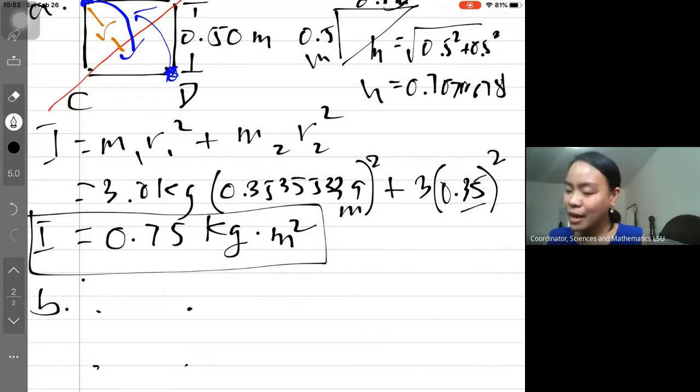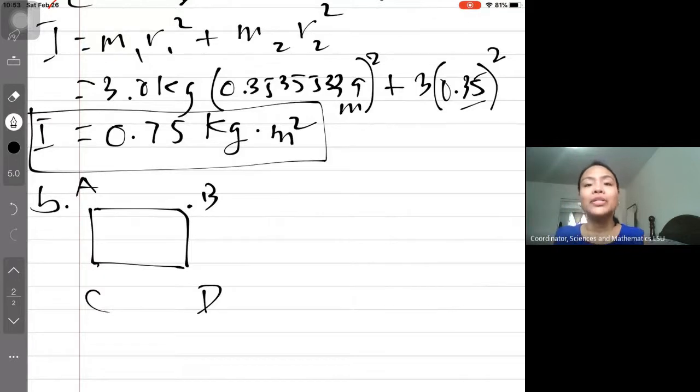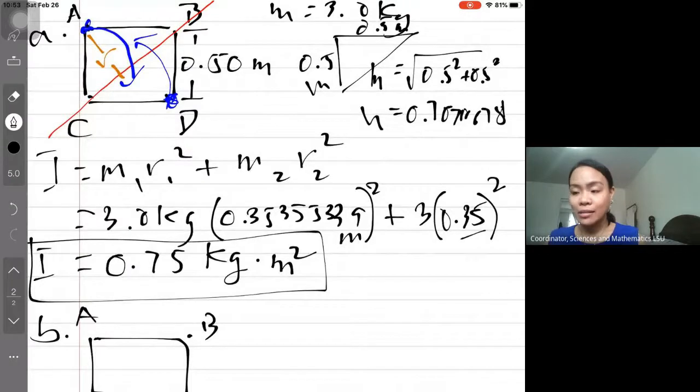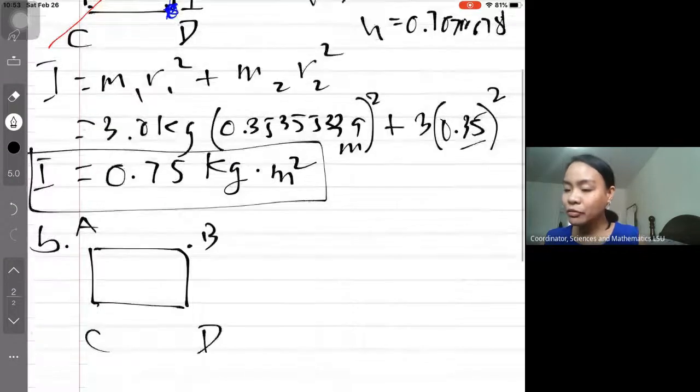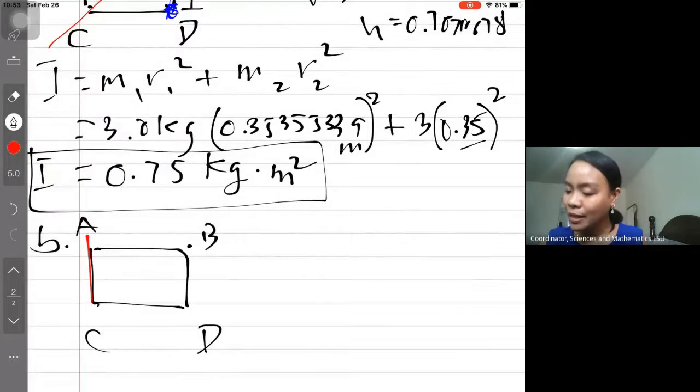This is A, B, C, and D, and they are masses on rods. You are asked to pass through A and C. So our axis of rotation, in red, will be here. What are the masses that will be rotating around A and C?